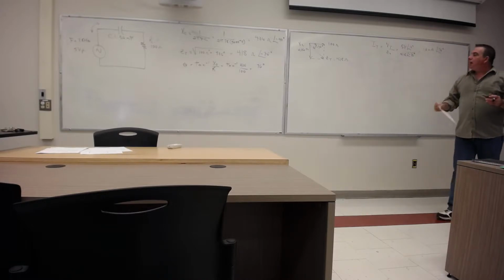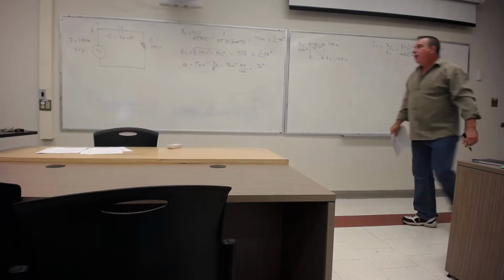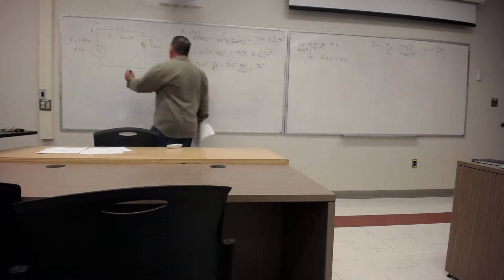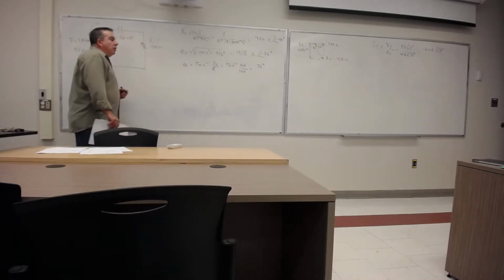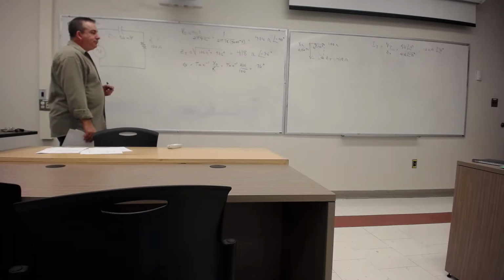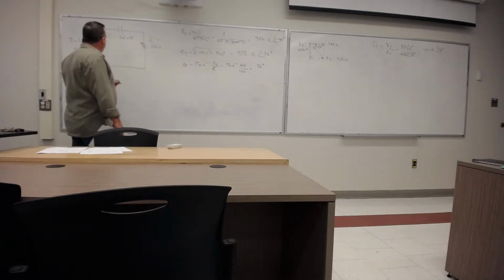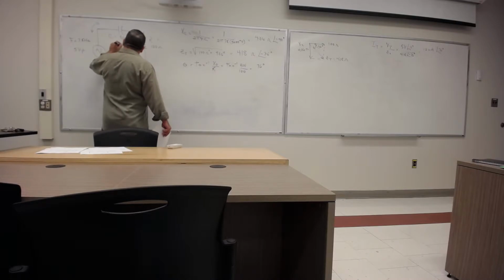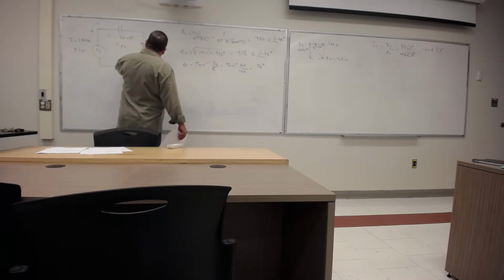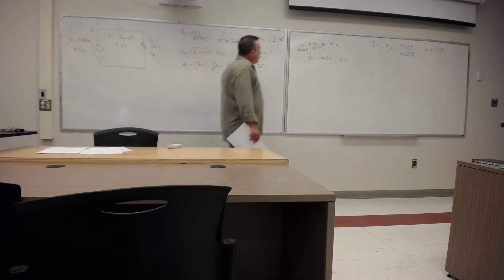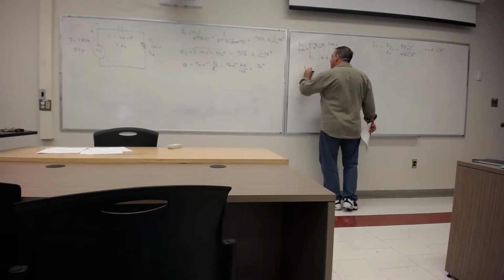All right, so the next thing I'm going to find for you is a couple of voltage drops. The first voltage drop is VXC. This one is VR. So, VXC.